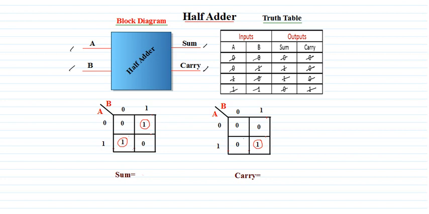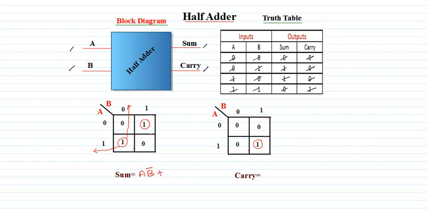Now we can see what is the value of A and what is the value of B corresponding to this group. Here, A is 1 and B is 0. That indicates that A is appearing in the non-complemented version and B is appearing in the complemented version. B 0 means it is complemented, A 1 means it is not complemented.